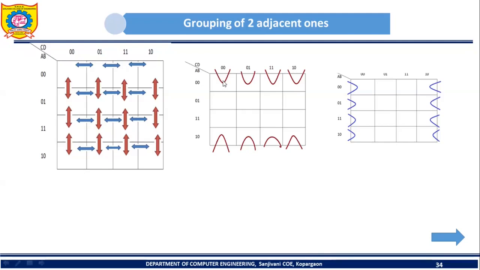Then the cell present in first row of the K-map and the opposite cell present in last row of the K-map are also adjacent to one another. Then the cell present in first column of the K-map and the opposite cell present in last column of the K-map are also adjacent to one another. So these are different possibilities of having two adjacent one.